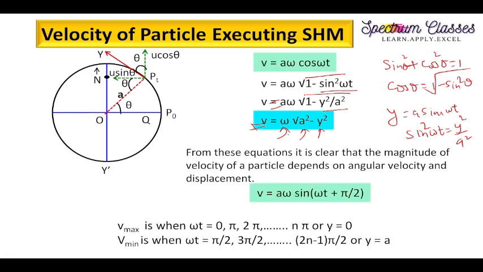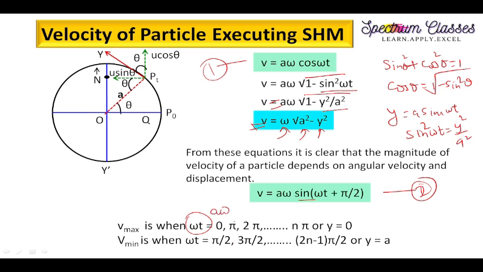Now we come to where it is maximum and where it is minimum. You can do this either by equation number 2, or simply with equation number 1. This is our equation number 1: v is equal to a omega cos omega t. For cos omega t, if I put the value of omega t as 0, then I get cos omega t as 1. So v is equal to a omega. For 0, it is a omega.